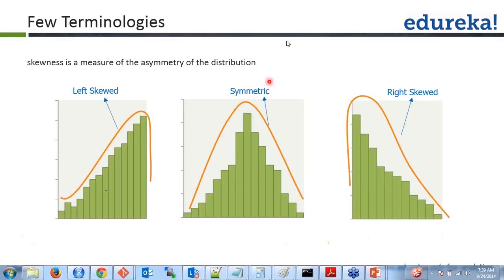There is a question from Mr. Ashish. To explain his question, let me read what he has pinged me. He says, isn't it dependent on how the data is arranged? The symmetric might change, from right to left skewed and so on.